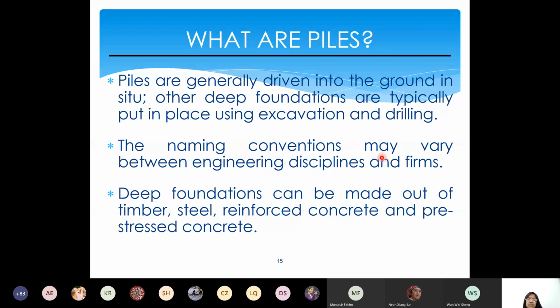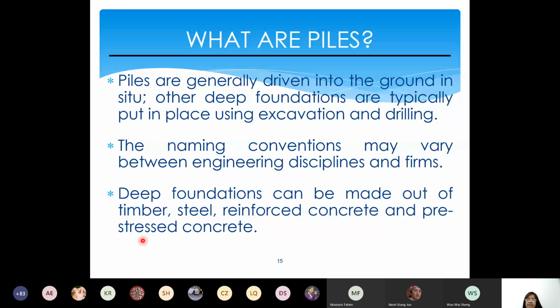The naming conventions may vary between engineering disciplines and firms. Piles are mostly driven, or poured, or constructed by drilling the casings and so on, right? I will explain it with diagrams and videos later on. Just hold on.